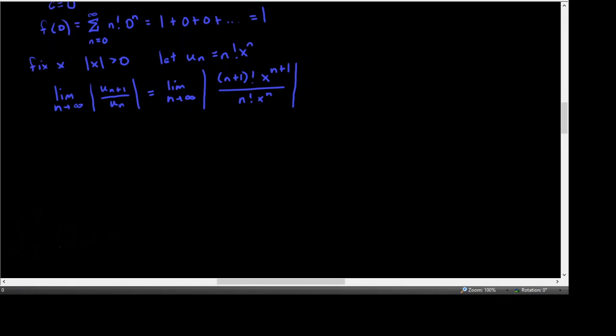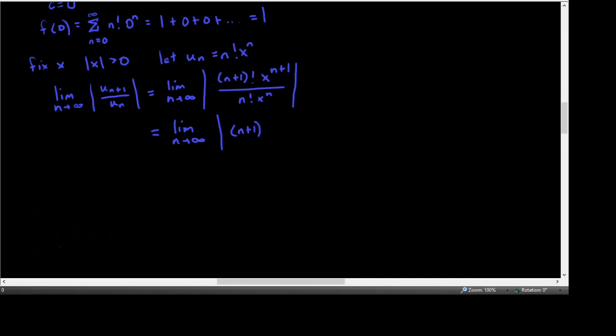The absolute value of x is positive, but x itself does not have to be positive. So when we go to simplify this, I'm going to take this in several steps. As you gain confidence and experience, we may have fewer steps. But the n plus 1 factorial over n factorial, if you'll recall, cancels out to become n plus 1.